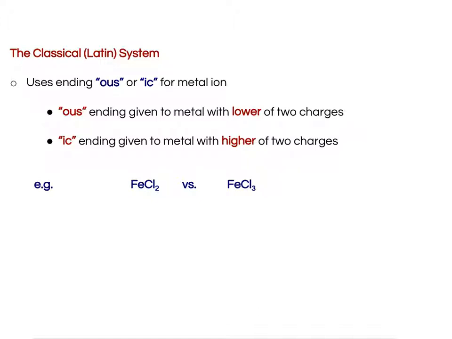The flaw in that system is that often multivalent metals will have more than simply two charges. So they probably figured that out and decided on the stock system with the Roman numerals. However, many people in many books will still refer to the naming system that involves using Latin names, so it's important for us to know the naming system.